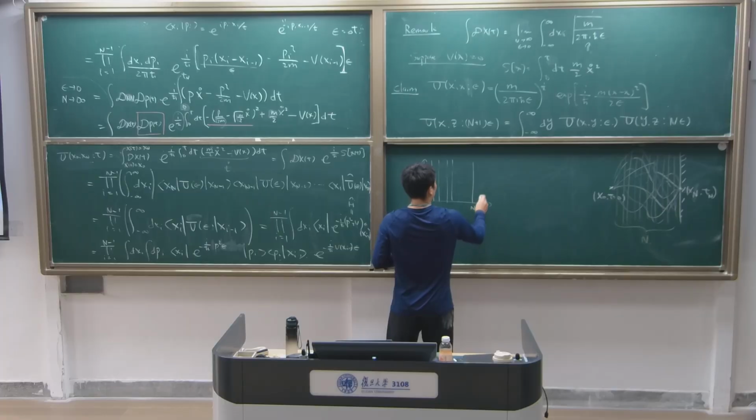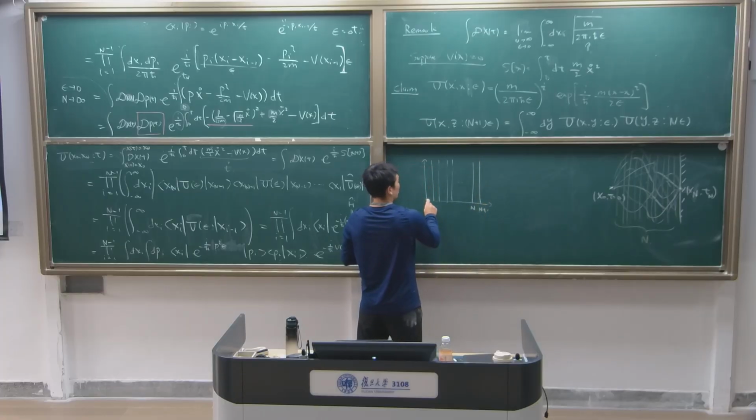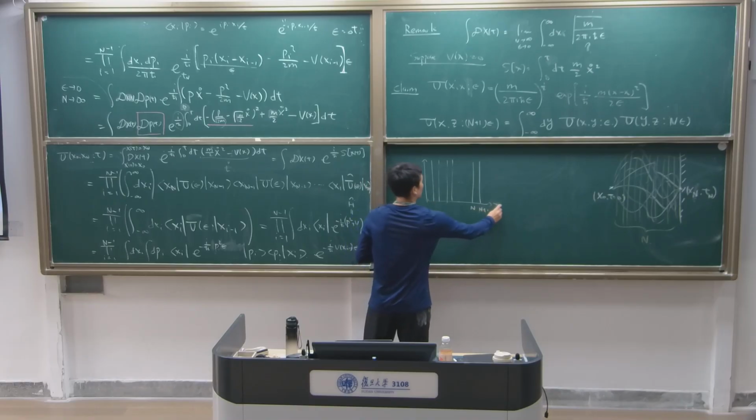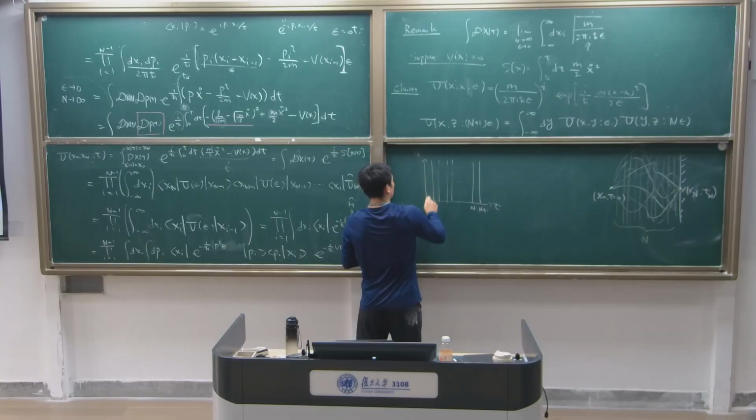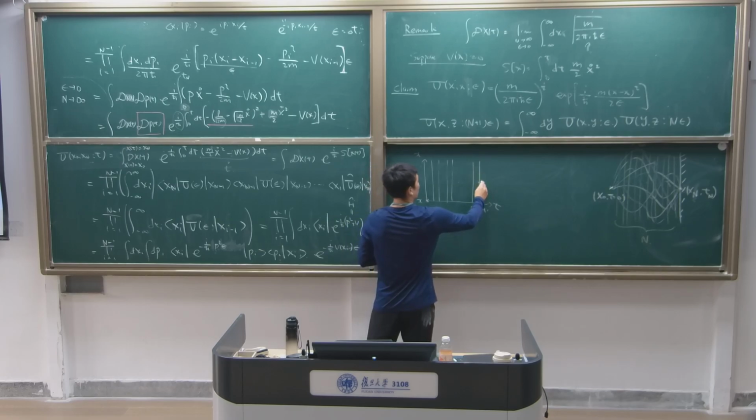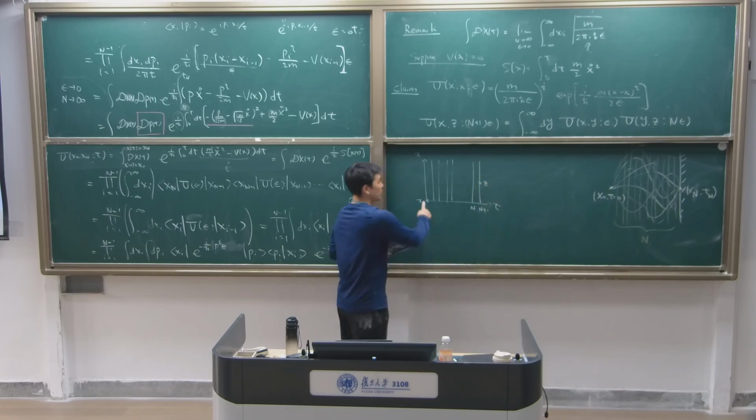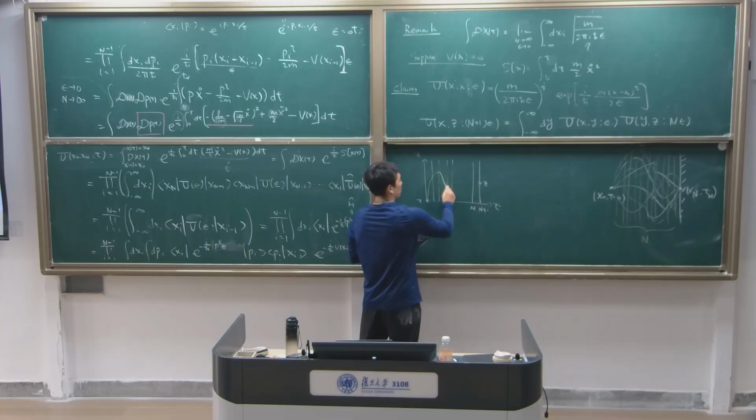So this is the n step and the n plus 1 step. So from here to whatever, this is t, and this is the x. And here you have an x here, and here you have a z here. X to z, you have whatever configuration, and here you have a y here.